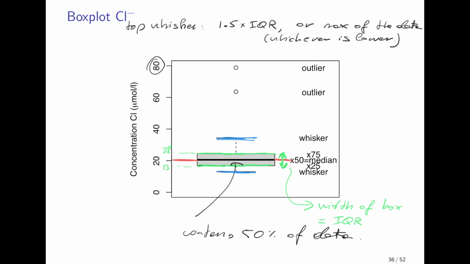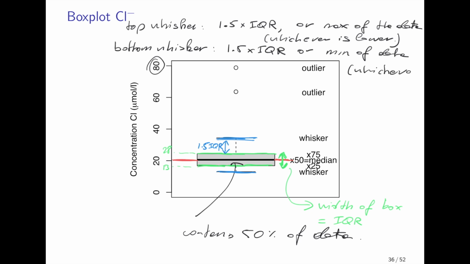So let's add that to the figure. This whisker extends 1.5 times the interquartile range. Now, for the bottom whisker, it's the same thing. It extends 1.5 times the interquartile range, or it's the minimum of the data, whichever is higher.